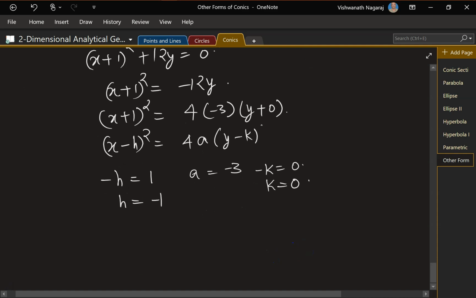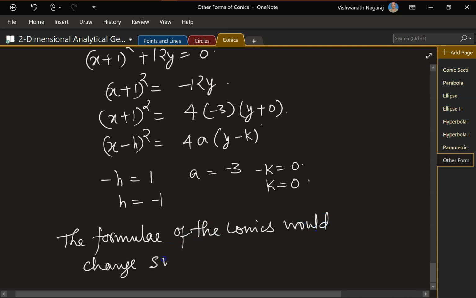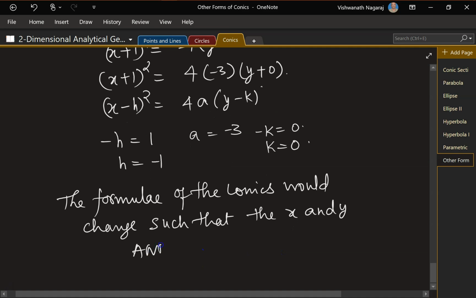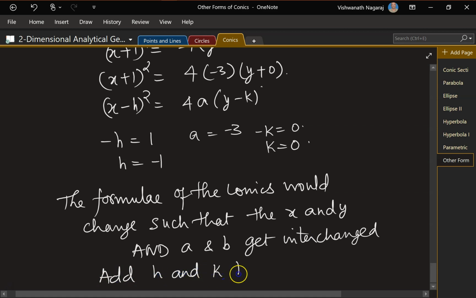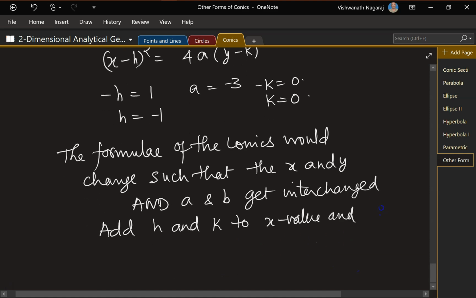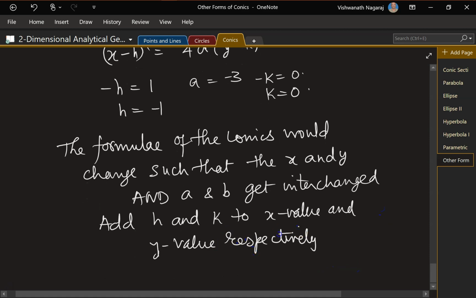So now that you have a, h and k, the formulae of the conics would change such that the x and y's and a and b's get interchanged. Then we add h and k to x value and y value respectively. So let's summarize.